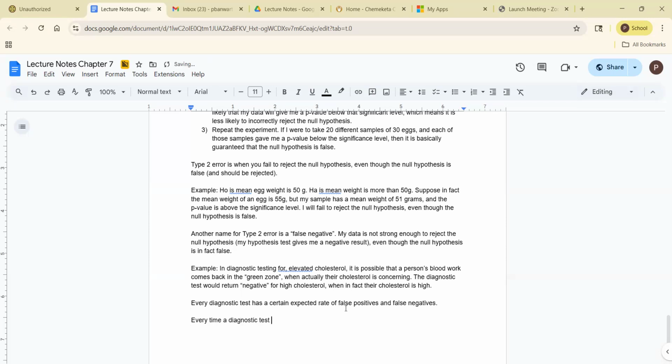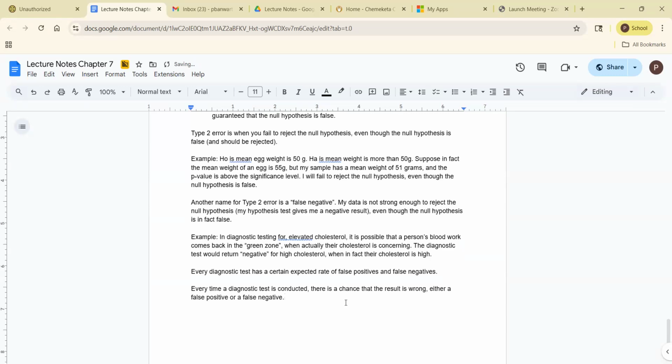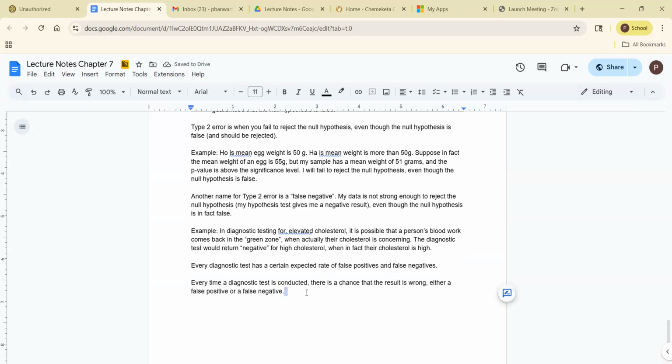Every time a diagnostic test is conducted, there is a chance that the result is wrong, either a false positive or a false negative. So as a medical professional, you need to be able to make judgment calls about when not to trust the results of a test.